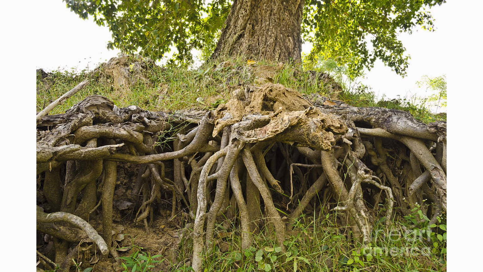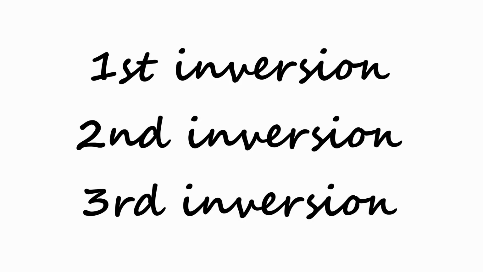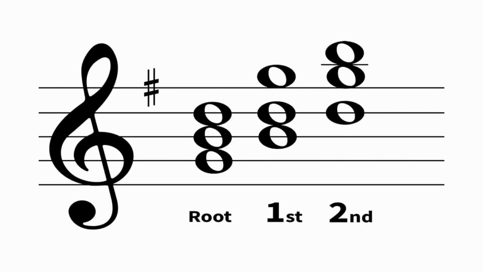But that's only the case with root position chords, and I'll explain what other types of chords there are because I didn't really explain them that well in one of my earlier videos. The types of chords I'll be talking about today are the first inversion, second inversion, and even a third inversion. In the first inversion, the third is the lowest note.